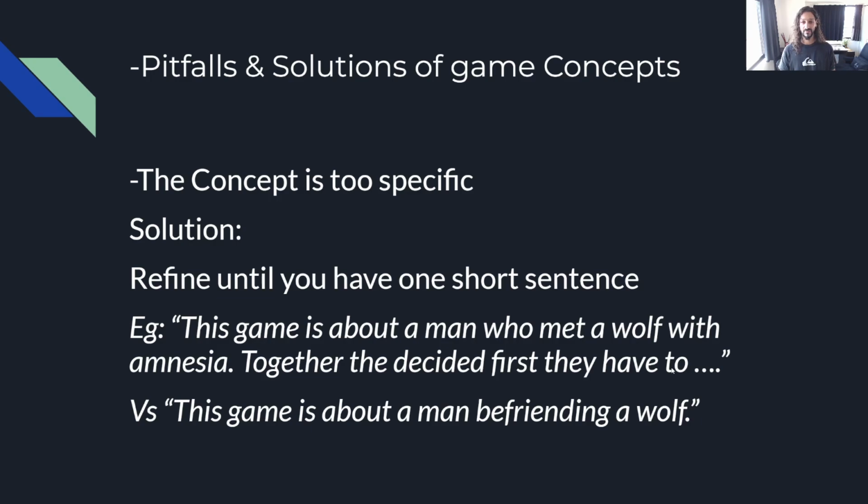You don't know if the game is about the man or the wolf or the amnesia part, or how they decided to do anything together, how did they communicate, and so on. There's too many questions, and new questions are introduced at a rapid pace as soon as you say every word in this very, very long description. So again, it's so specific, it's confusing because it introduces too many elements at once.